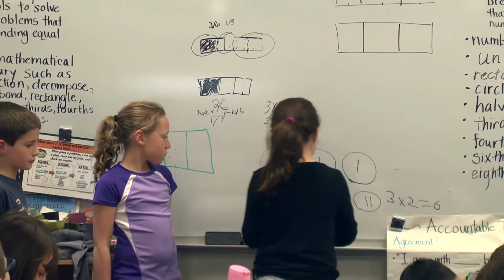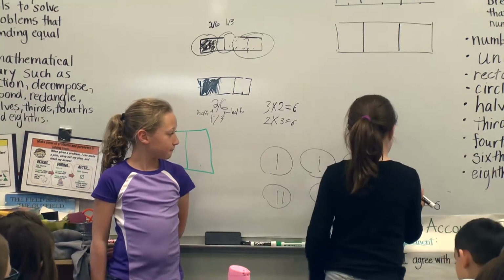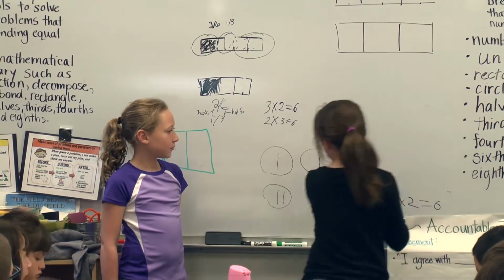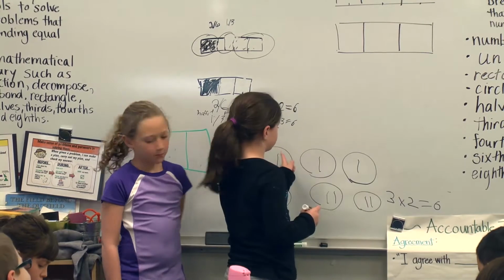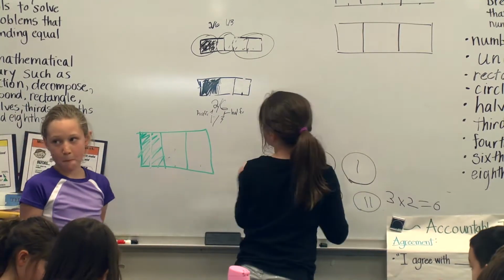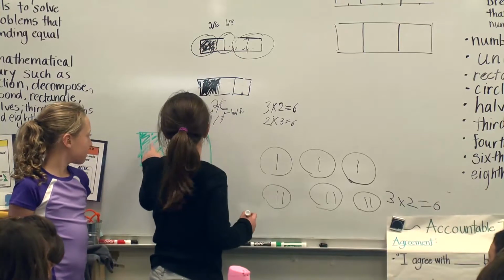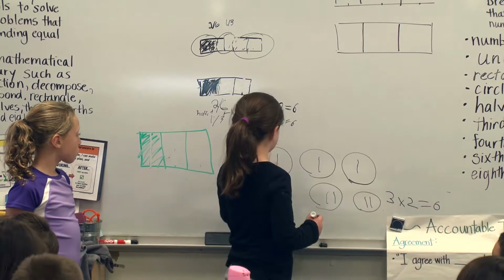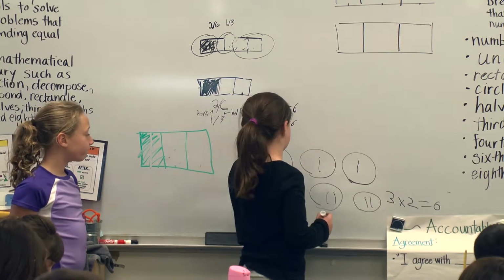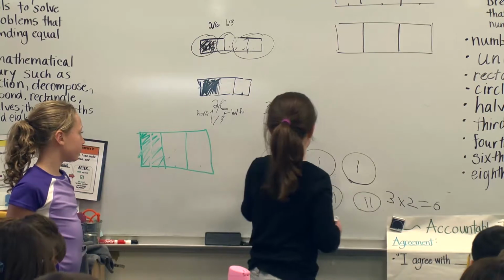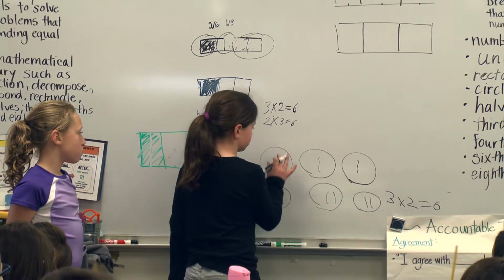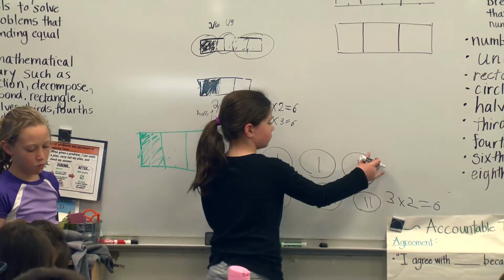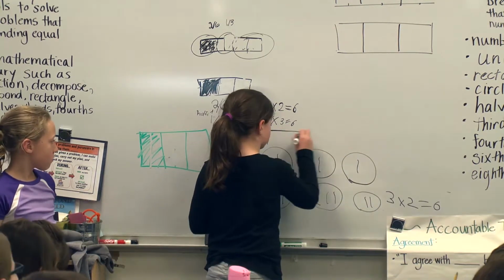But with this one, you see there's 3 groups. There's 1, 2, 3. And then it shows 1, 1, and 1. So that one would be like, there's 1, 1, 1, and if this was a rectangle, it'd be like this.